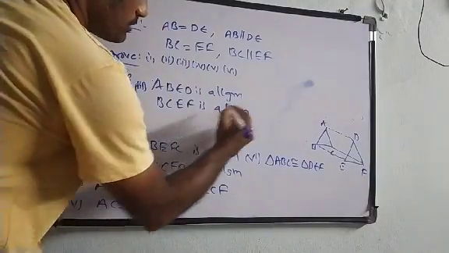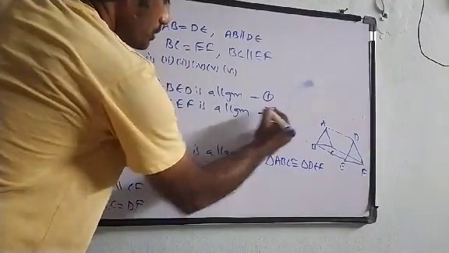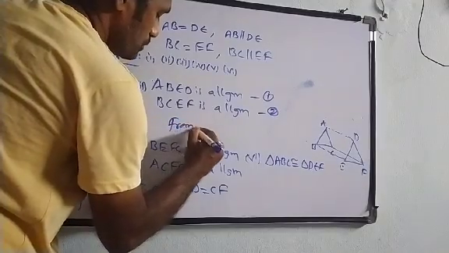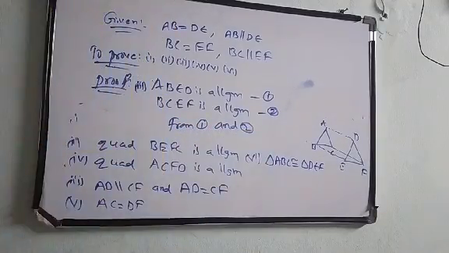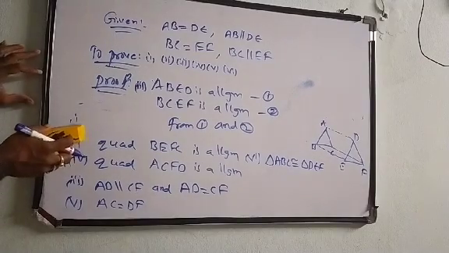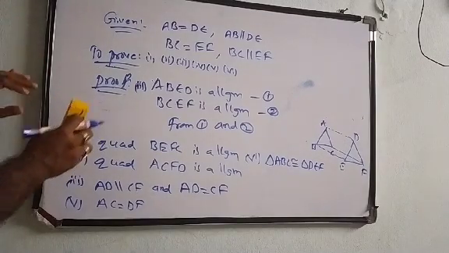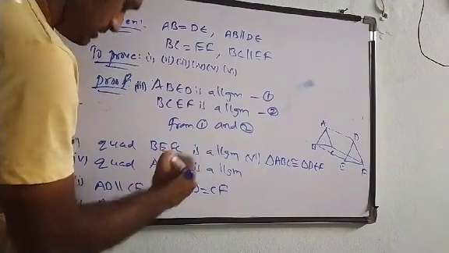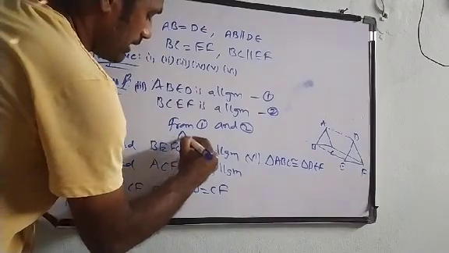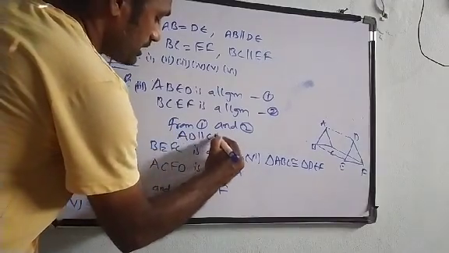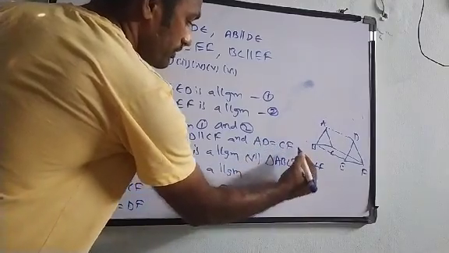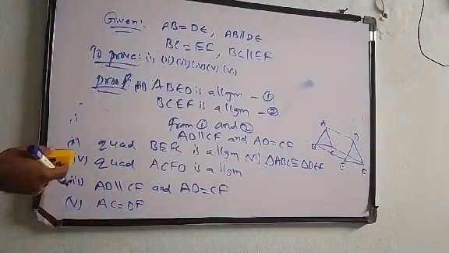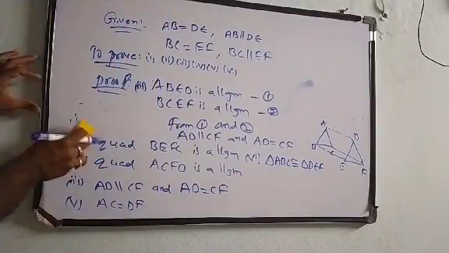This is 1, this is 2, so from 1 and 2 we can say that AD is parallel to CF and AD is equal to CF.